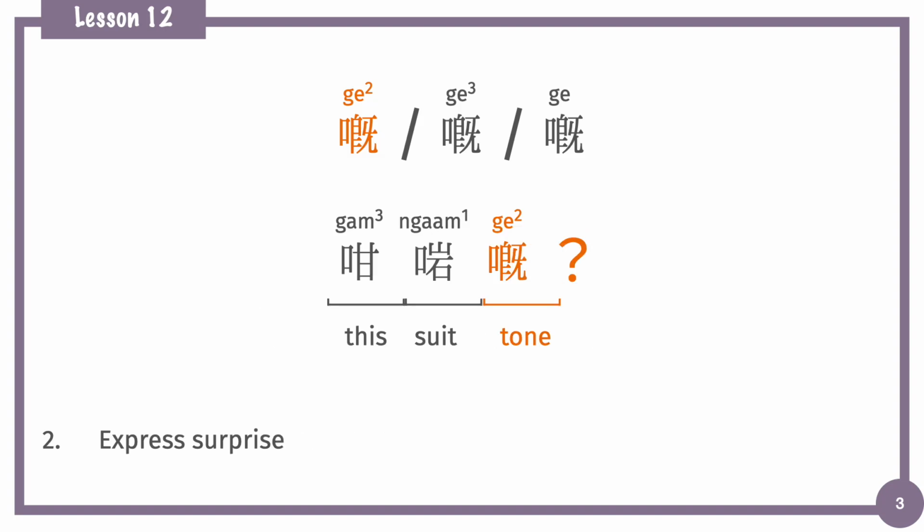The second function of it is to express surprise. Like 咁啱嘅, 啱 means suit. 咁啱嘅 is when you accidentally meet someone on the street and you feel surprised. So we will say 咁啱嘅.